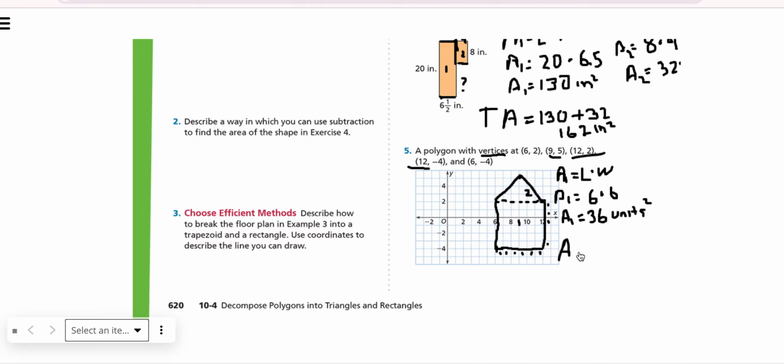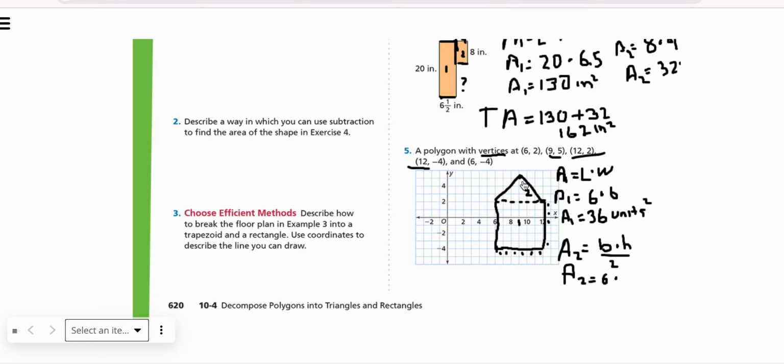Now let's do area number 2. So area number 2 is a triangle. So my formula is going to be base times height divided by 2. Okay, so let's find the base. The base is going to be from here to here, which is the same thing as the bottom, and we decided that was 6 because we already counted. So the area of number 2 is going to be 6 times the height.